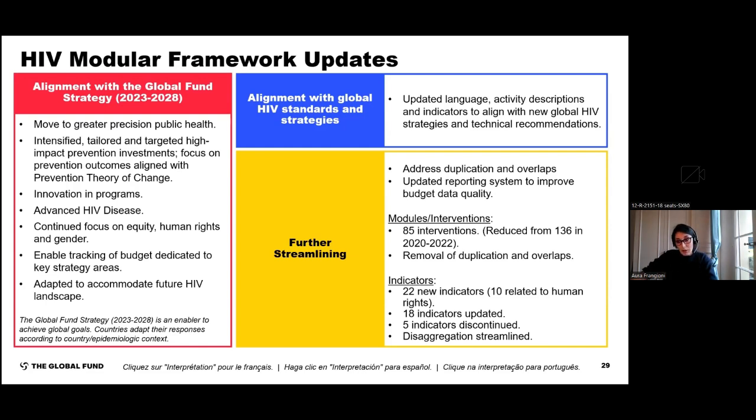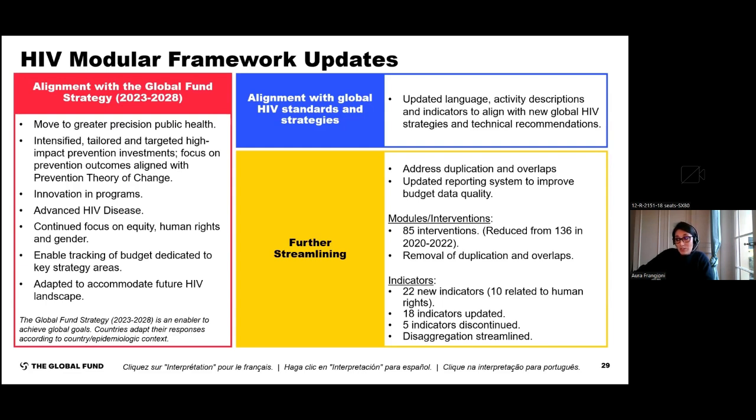Under the second point, the revision to align with global strategy and technical guidance was mostly related to the revision of the language and the activity description. And a key improvement was the streamlined reporting, which enables more accurate tracking of budget dedicated to the key areas.